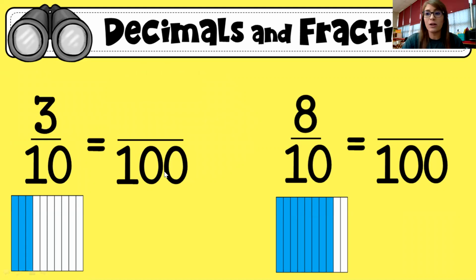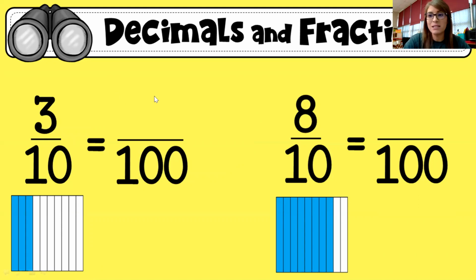All right, so let's do a couple more review and look here at 3/10. How much is 3/10 in hundredths? Well, remember, to get from 10 to 100, we have to multiply by 10, right? So if we multiply our denominator by 10, remember, to make an equivalent fraction, we must do the same to the numerator.